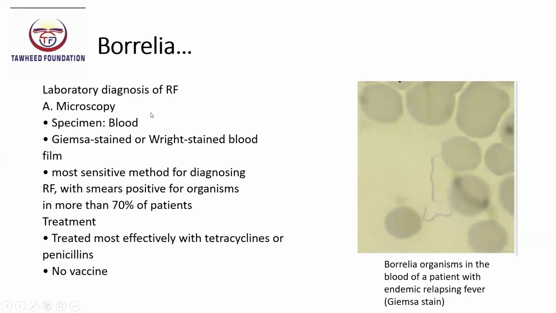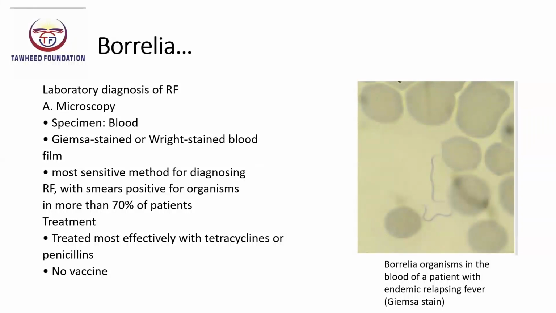Laboratory diagnosis of relapsing fever is through microscopy. The most reliable diagnostic method for relapsing fever is microscopy. A blood specimen is collected during a febrile episode when Borrelia are circulating in high numbers. Giemsa or Wright stained blood films reveal the spirochetes clearly.